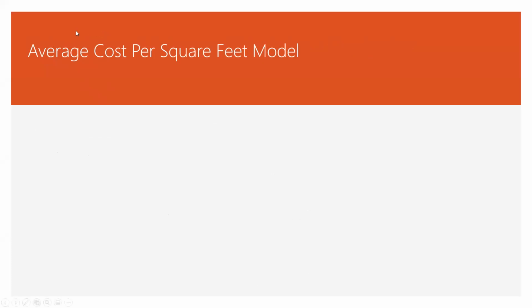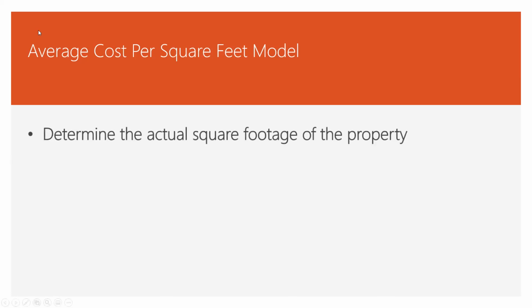This model is pretty simple, and this is what we as investors do whenever we see a house and say, that house needs a full rehab. Everything: windows, doors, floors, central heat and air, carpet, everything. First, I need to know the square footage of the property.